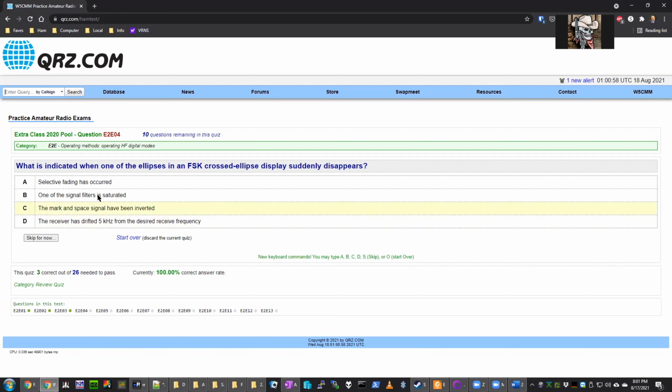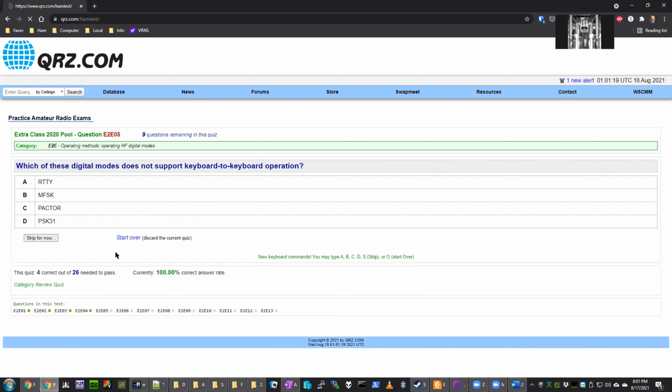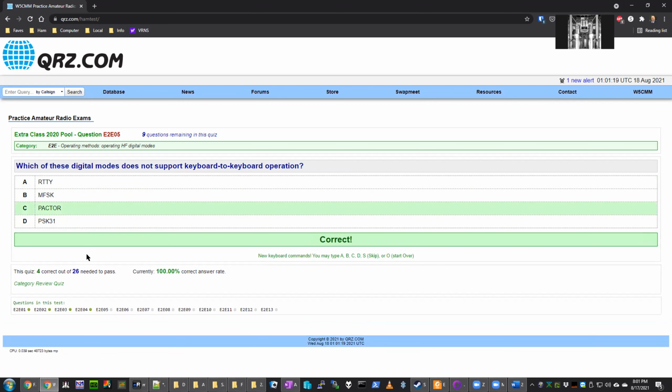A. Yeah, we're going to have selective fading. Which of these digital modes does not support keyboard to keyboard operation? C. Yeah, Pactor.